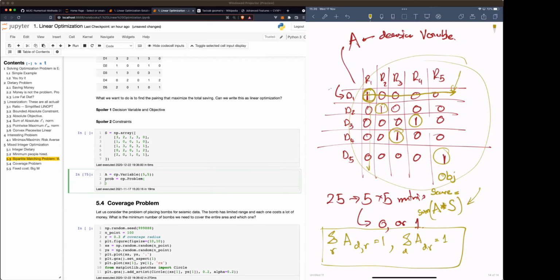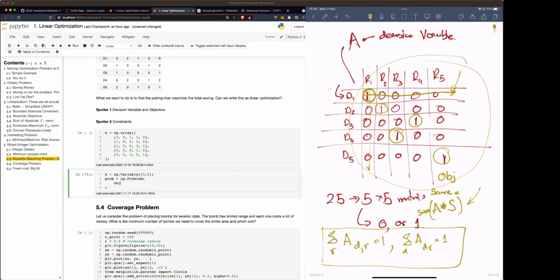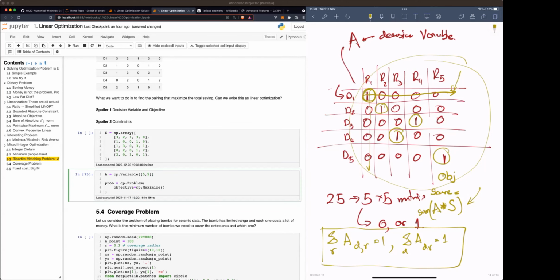Then you say that the objective is cp.Maximize, because you want to maximize the score: cp.sum of A times S. Actually, let me just write it here because I want to know the score. Score is cp.sum of A times S. That's all.